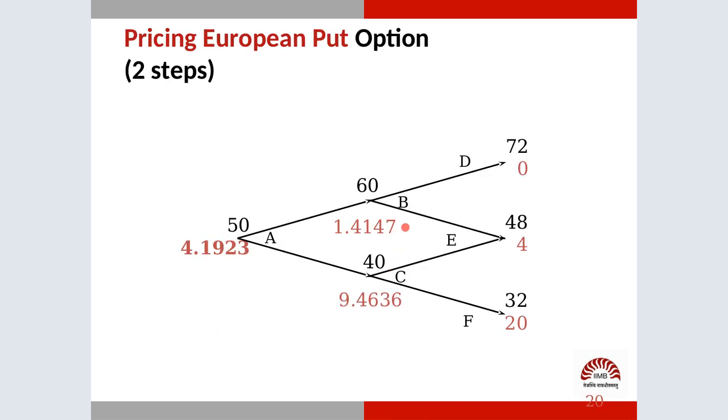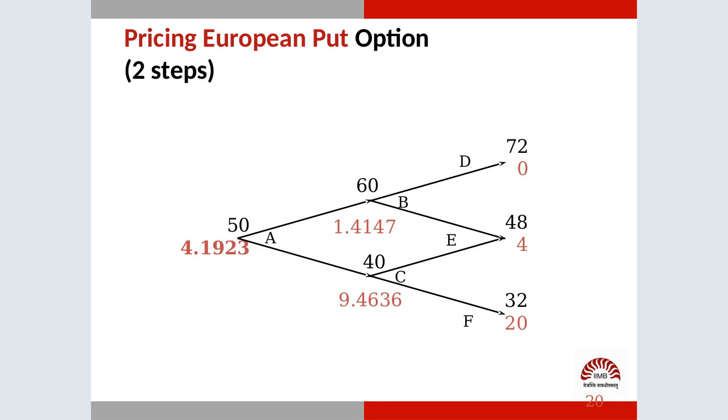So the value at B will be, what is P? 0.6282 into what is the payoff at D? 0, plus what is 1 minus P?